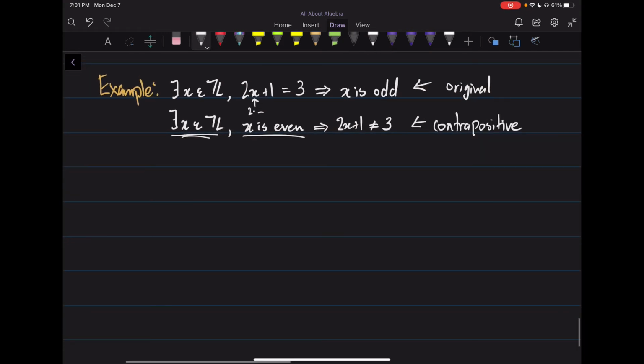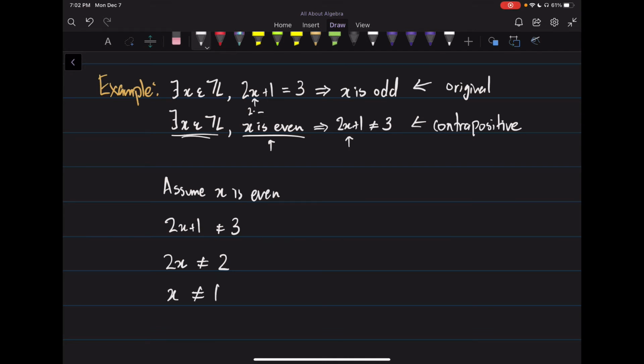Well, okay, so now let's assume x is even and show this. So assume x is even, and then we have 2x plus 1 is not equal to 3, which means 2x is not equal to 2, which means x is not equal to 1.